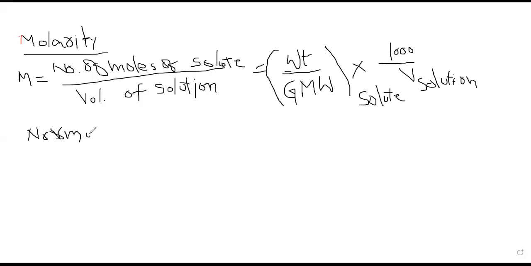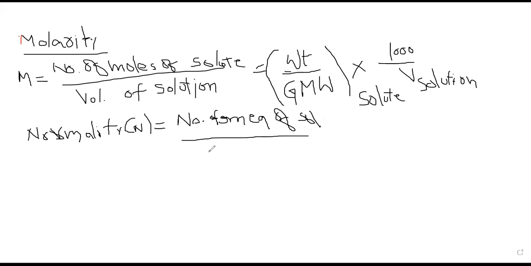Normality is represented by N. N is equal to the number of gram equivalents of the solute divided by the volume of the solution in ml.